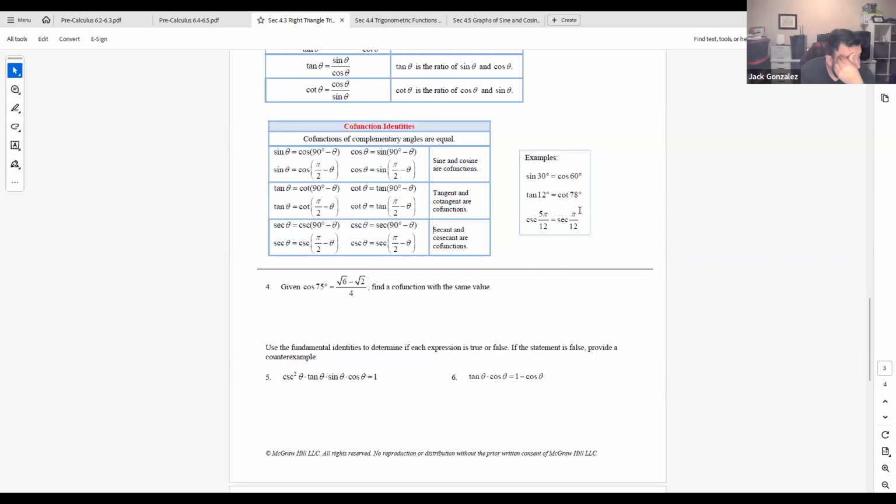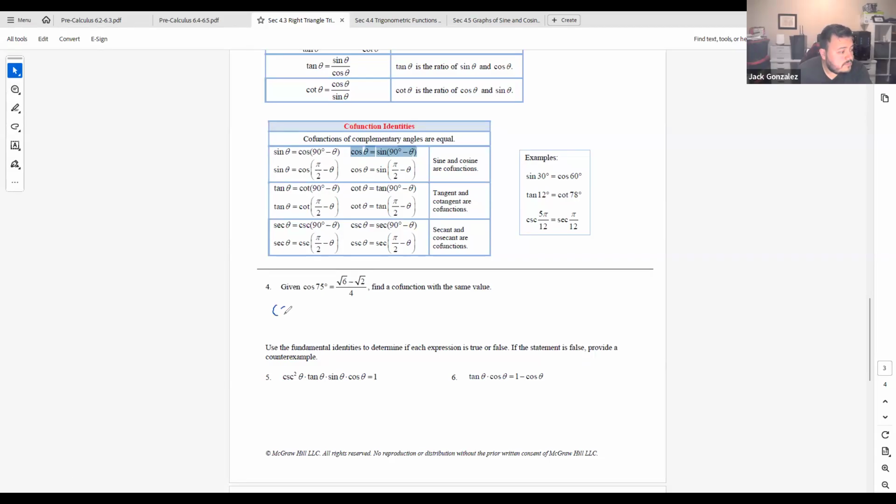So knowing that, you can set this cosine equal to the sine cofunction. What would be the sine equivalent of cosine 75 using this property right here? What do y'all think?